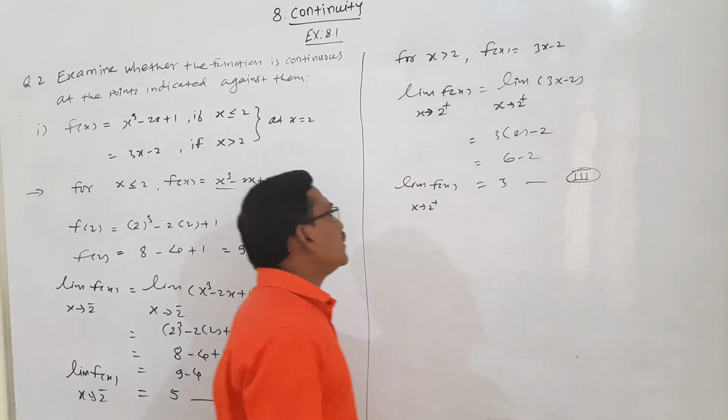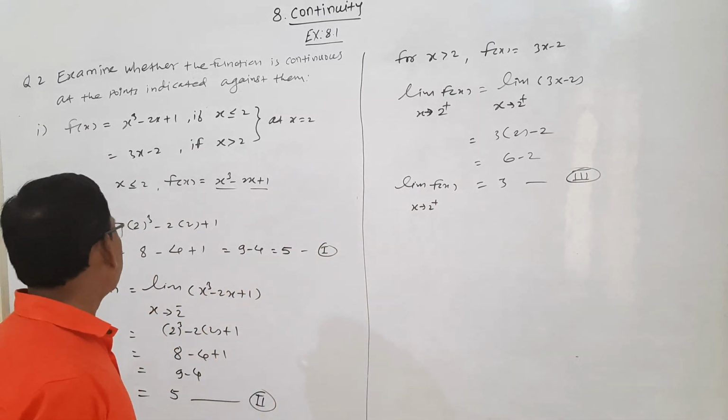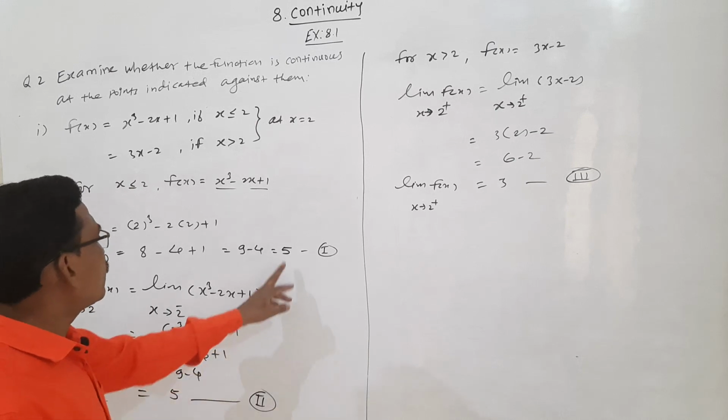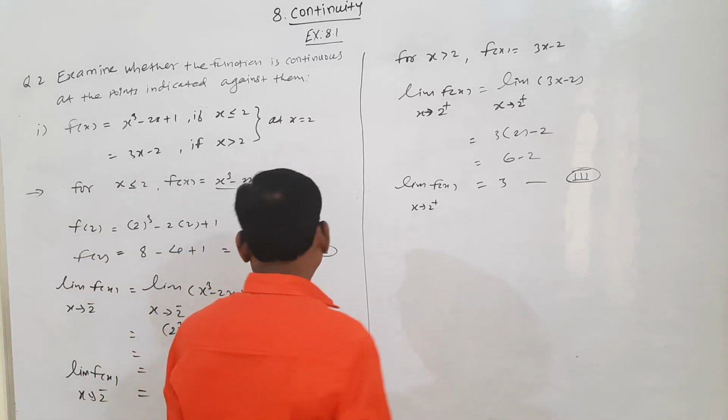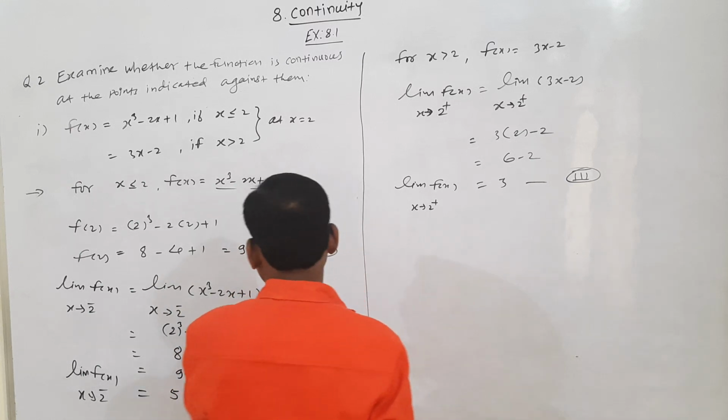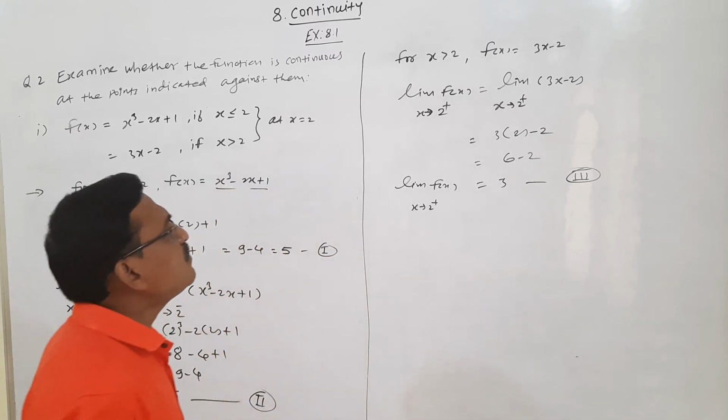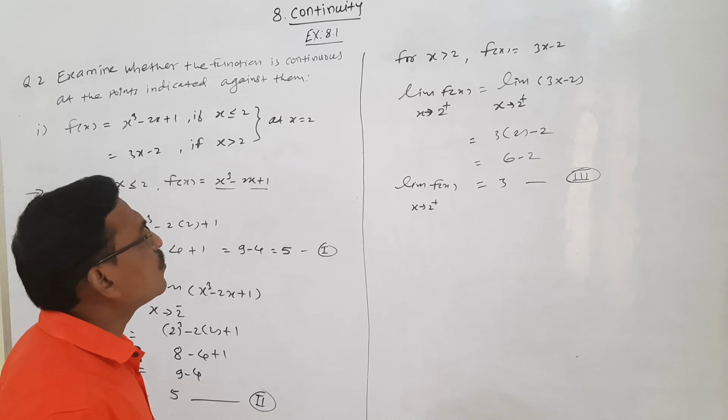Call equation number 3. So from 1, 2 and 3 here, it is 5, it is 5, it is 4. So right hand side limit is not equal to left hand side limit.